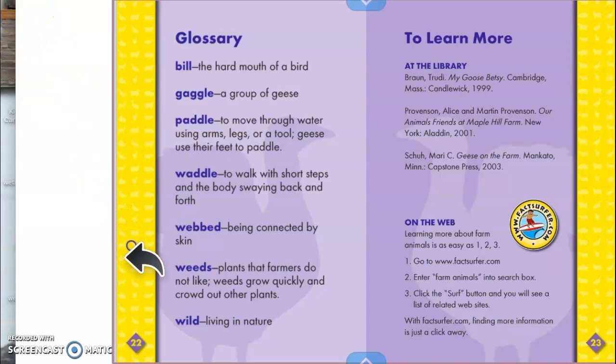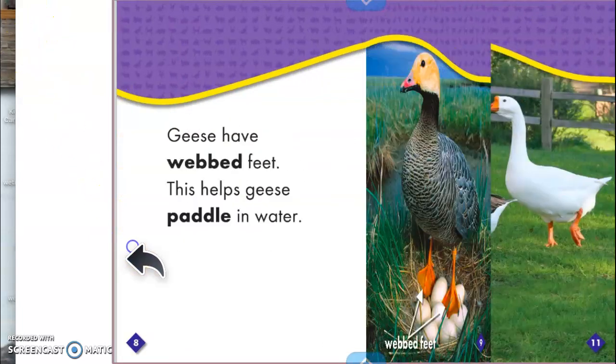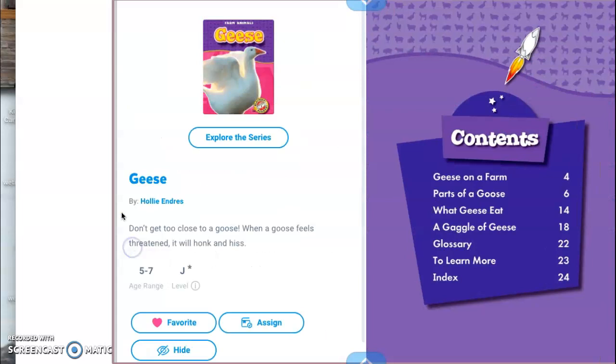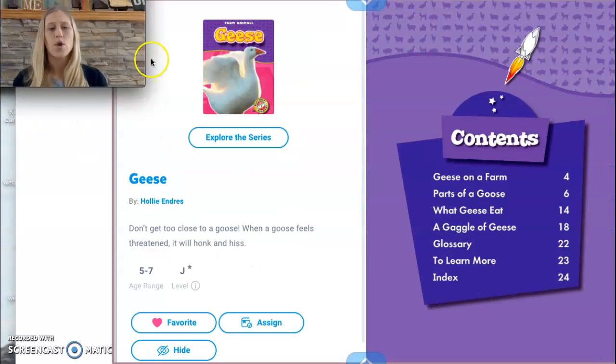Now we're going to fill out our main idea and detail. When I'm looking at the main idea, remember I need a sentence. This book was all about geese, so my topic is geese. I can't write "This book is about geese" for my main idea because that's really just putting my topic in a sentence.